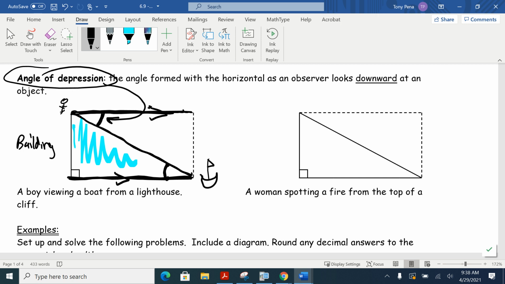We think back to that. Alternate interior angles are congruent. So whatever your angle of depression is, let's say this ended up being a 30 degree angle, this would also be a 30 degree angle. We need to know those two things. If we can keep that straight, these problems are really pretty nice, and it's the same exact stuff that we just got done doing the last couple of days of notes.